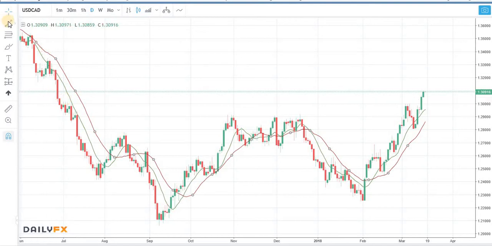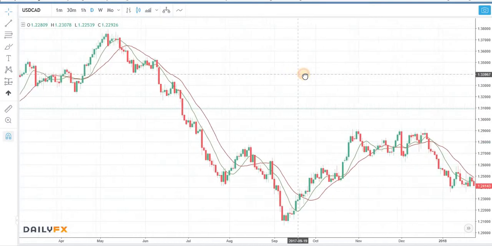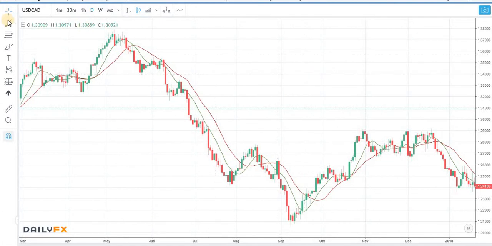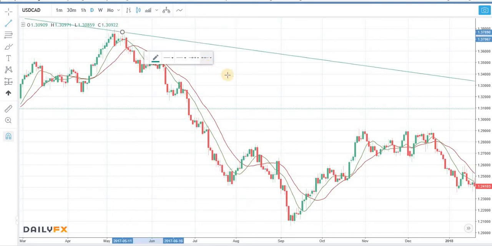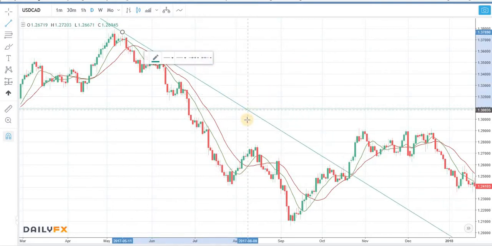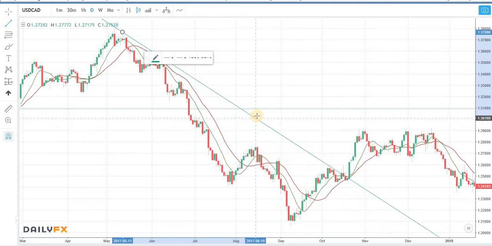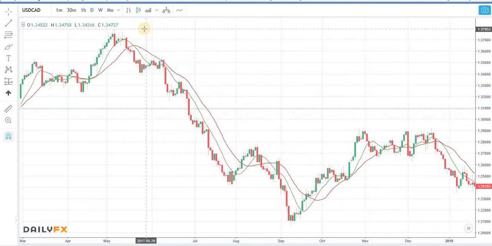The next thing I want to do is add in a trend line, and the reason I want to add in a trend line is because a trend line is going to help me understand where I am relative to the current price, which is always important.